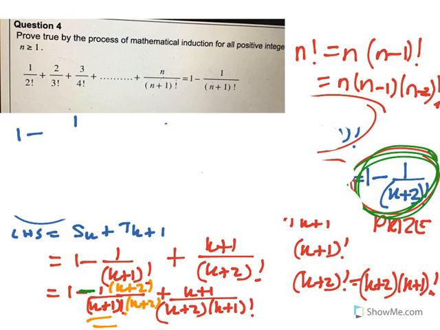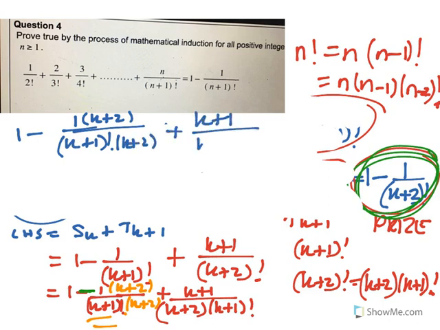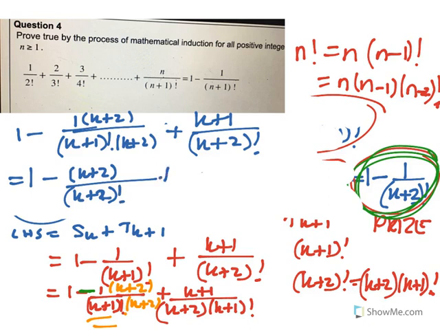So I've got 1 minus 1 times k plus 2 over k plus 1 factorial times k plus 2, plus k plus 1 over k plus 2 factorial, which is 1 minus k plus 2 over k plus 2 factorial plus k plus 1 over k plus 2 factorial.